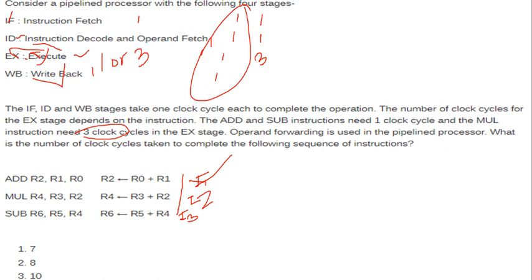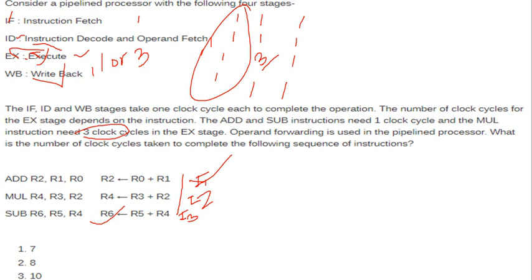Again in write back we will require only 1 clock. In a similar way, for the subtraction instruction, we will require one cycle for fetch, 1 for decode, 1 for execute, and 1 for write back.